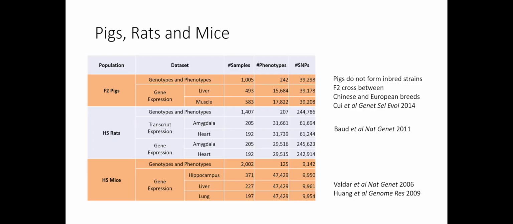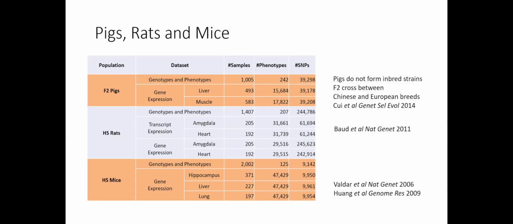The other two populations are the HS rats, which is Amelie's data set from 2011, I think, if I got the year right. And then the HS mice, which is from even earlier, from Will Valdar and Jonathan Flint. So we have basically 1,000 or 2,000 animals in each cohort.